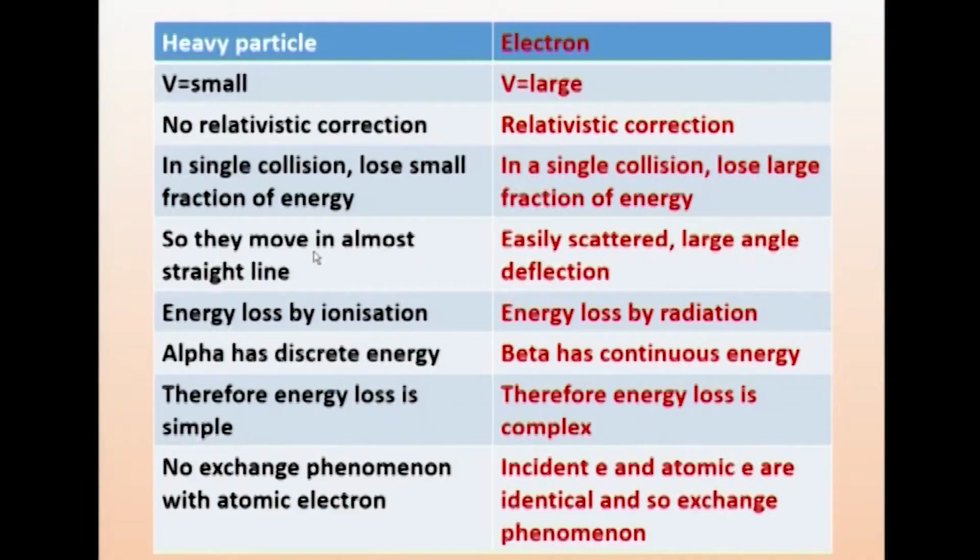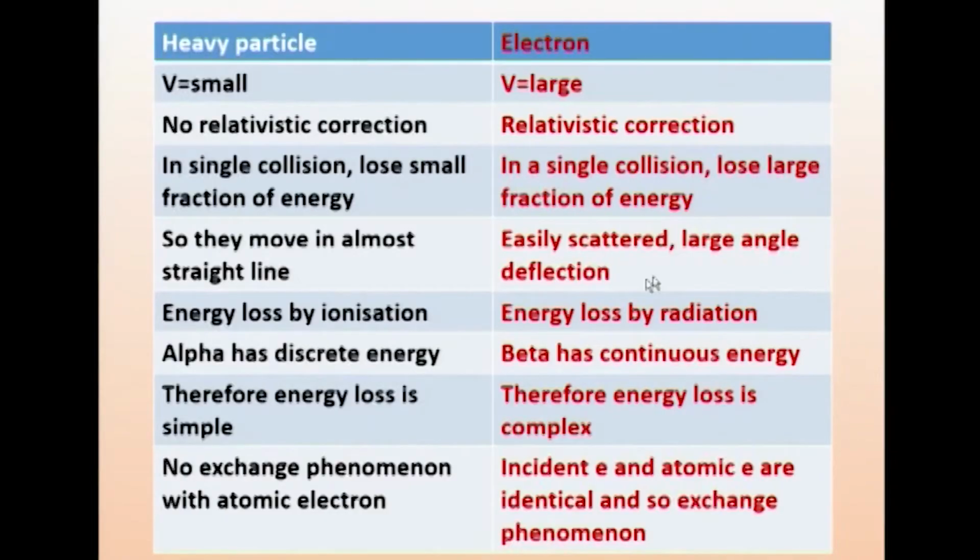Whereas, if we take electron, it will get scattered, because once it enters the matter, you will have electrons everywhere. So, they will get repelled, Coulomb repulsion, and will get scattered. So, we will get large angle deflection. So, this is almost straight line, here it will be large angle deflection.